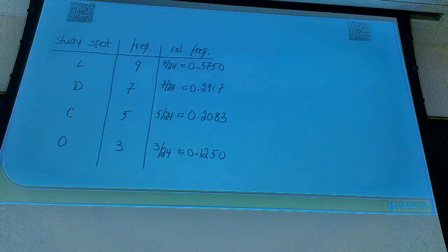And again, just check. What should the relative frequency sum up to? 1. Just make sure that they do. Now again, because of rounding, you might be a little off from 1. You could have like 0.9999 or 1.0001. As long as it's close to 1, that means you're good. It's just because of rounding. I know the fractions are going to add up.